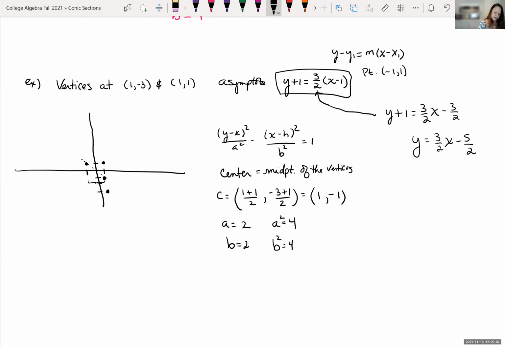Yeah, so something's off on my graph, because if I graph that line, negative 5/2, so that's negative 2.5, that would be a point here.